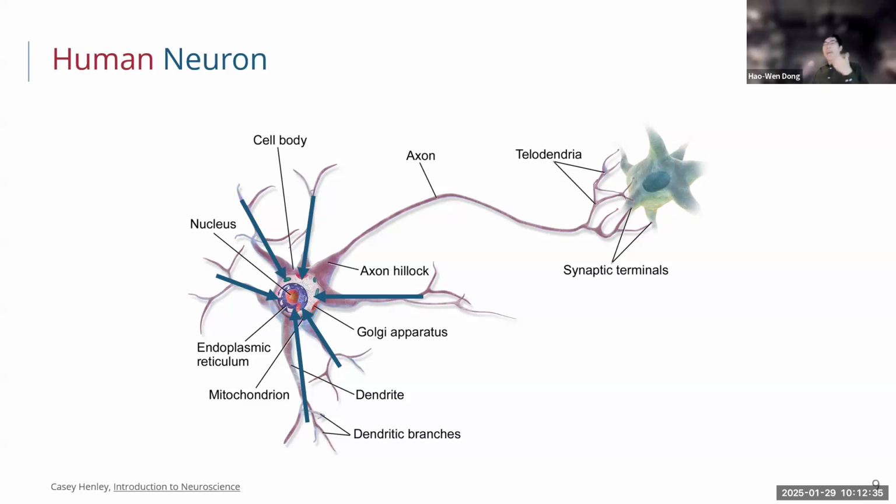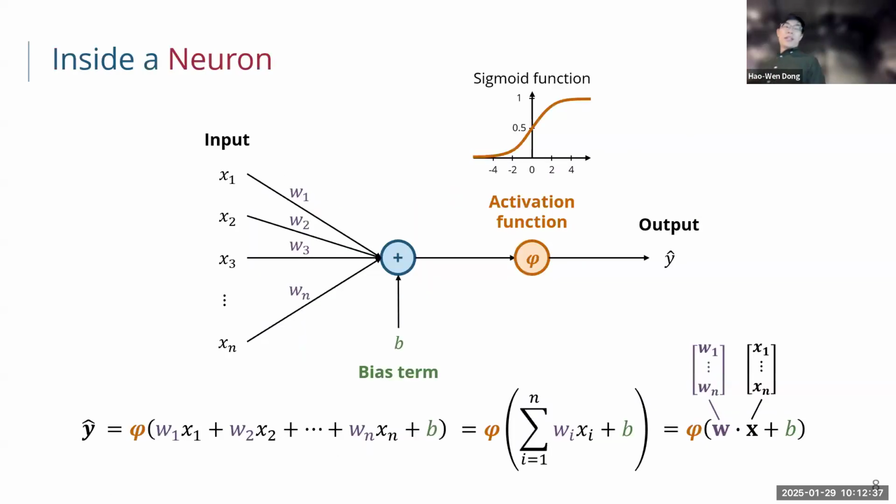So that's the idea of an artificial neuron versus a human neuron. They're doing basically the same thing, aggregating the information coming from different inputs based on the connections, and then you try to see if you want to send something out.